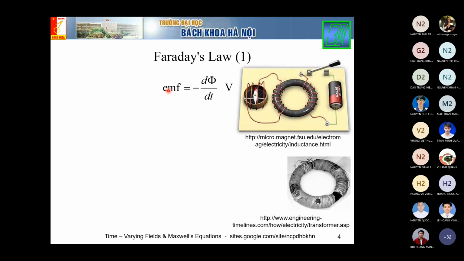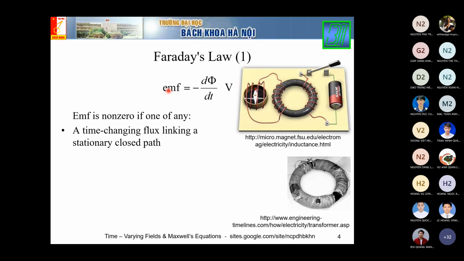This electromotive force is actually a potential, and the potential here will exist if we have one of these three following conditions. The first one is that the magnetic flux flowing through the coil changes in time.